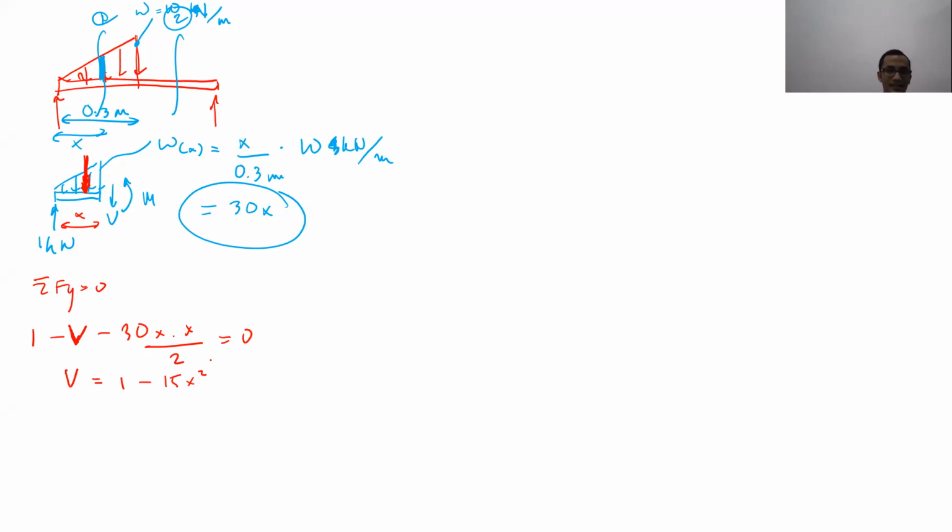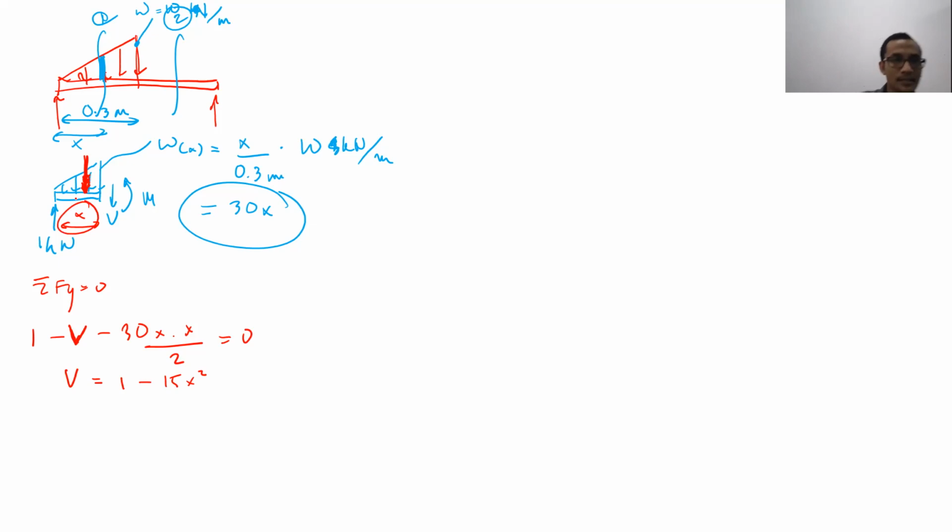So for the above, although we cut before the end, we still consider the full length as in this one. No, it's not the full length. In blue, this one, the W of x, it's not 0.3 meters, but x.